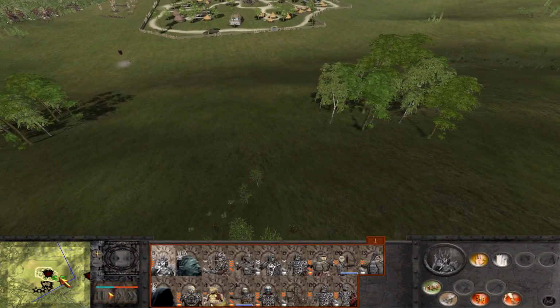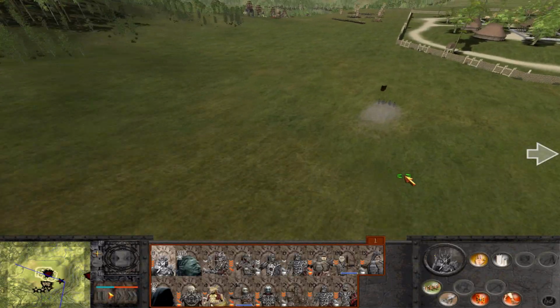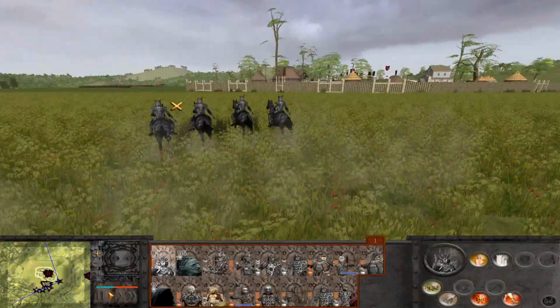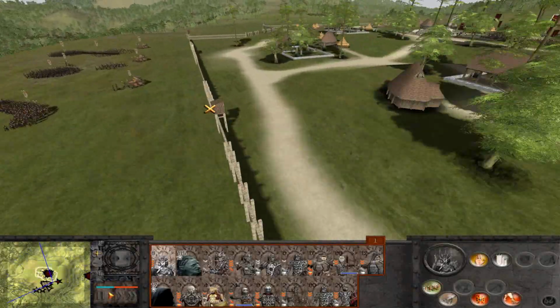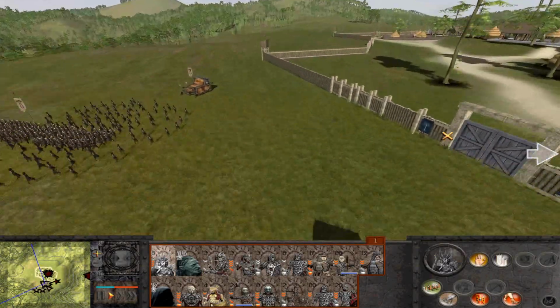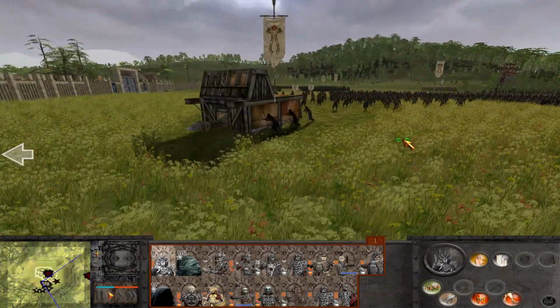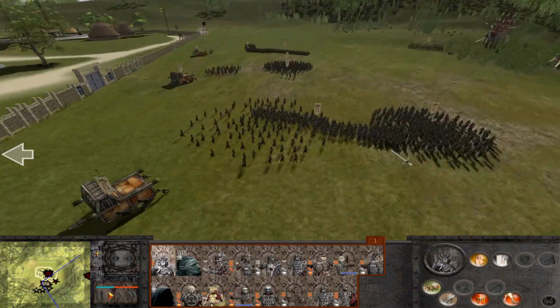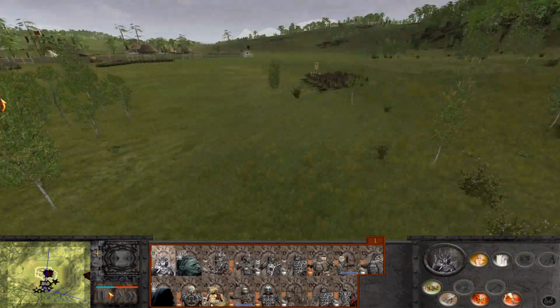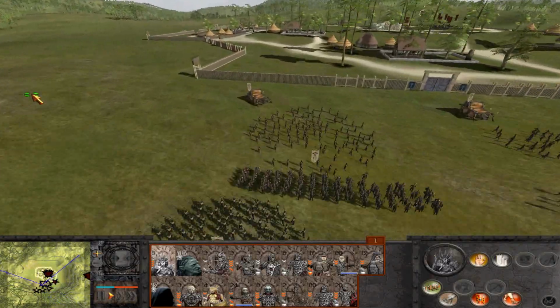It's not good. Harad seem to be attacking the walls. They are not running away. Yeah, they were besieging, so they were the ones attacking, so they will attack the walls.